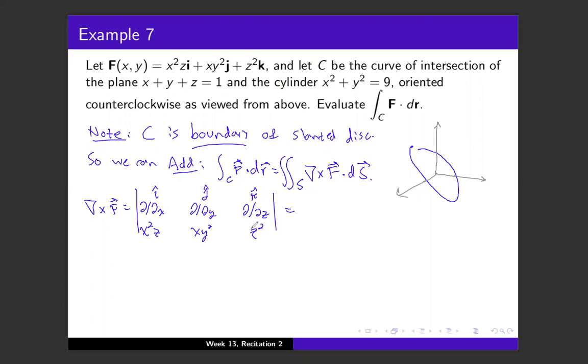And you actually calculate this thing, and what we find is, in the i direction, it's going to be 0. In the j direction, it's going to be x squared. And in the k direction, it's going to be y squared. Well, that seems like a nicer curl to work with in this case, or a nicer vector field.